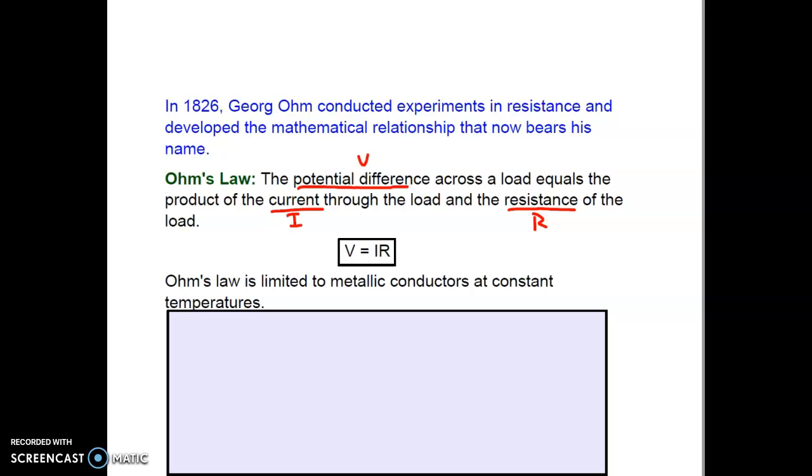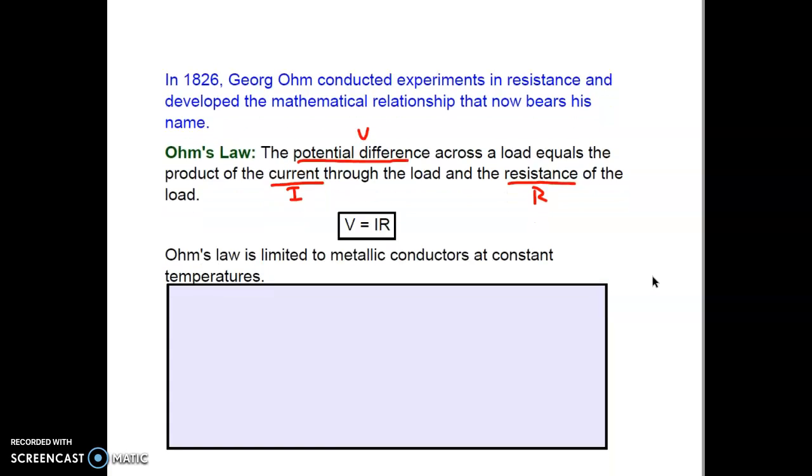So that's the potential difference or voltage across a load equals the product of the current I through the load and the resistance R of the load. So V equals IR. So a very, very popular and important formula. So put this down on your formula sheet. So Ohm's Law is limited to metallic conductors at constant temperatures.